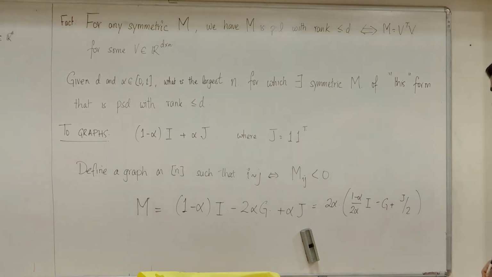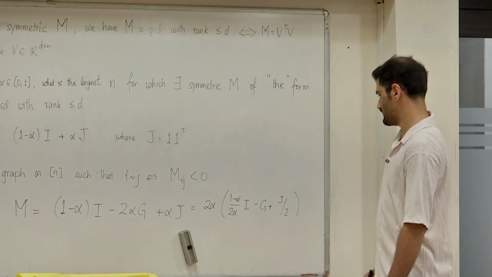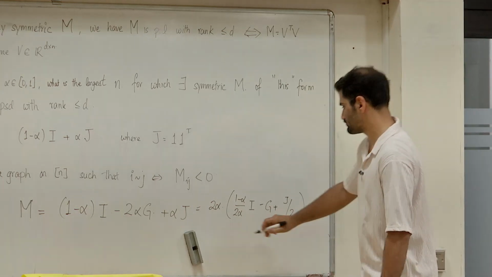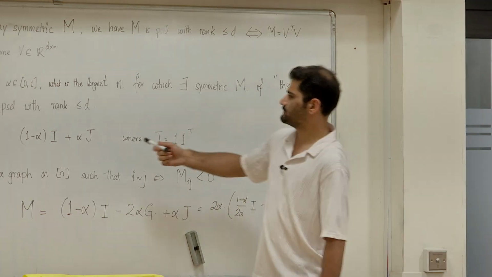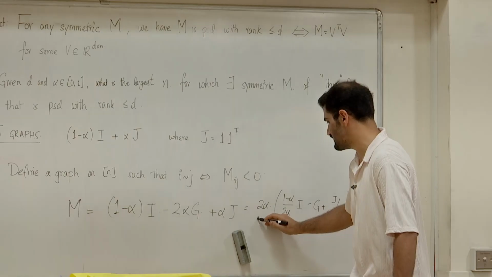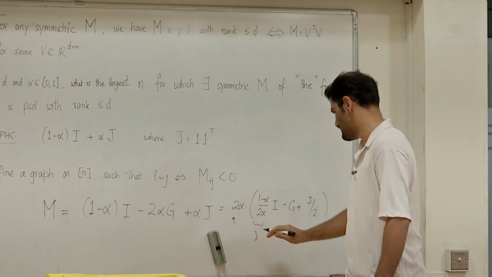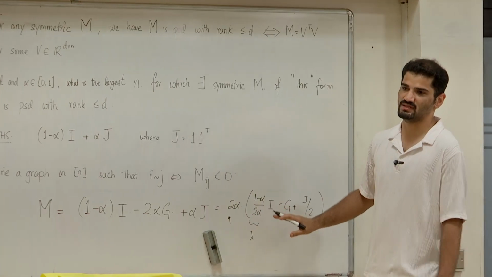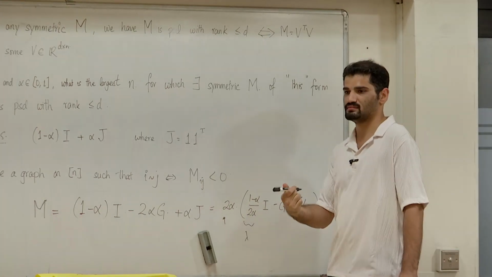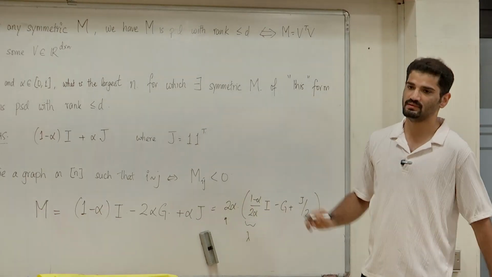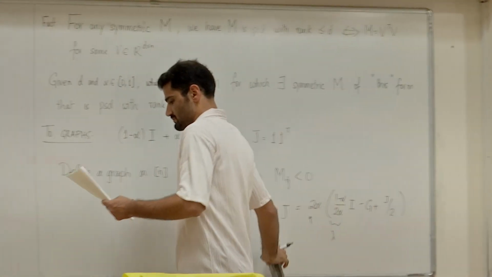I am writing it this way because these two properties, that it is PSD and its rank, are not affected by scaling. So all I want is this parameter lambda, and then I just want lambda I minus G plus J over 2. Is this readable from there? Okay. So I just want this part to be PSD and have rank at most D. I'll write it there also.